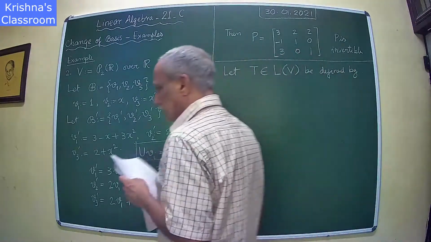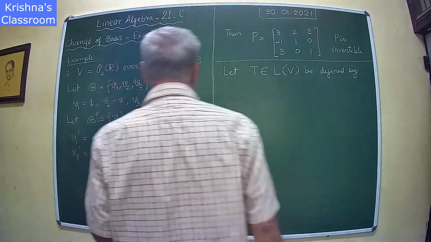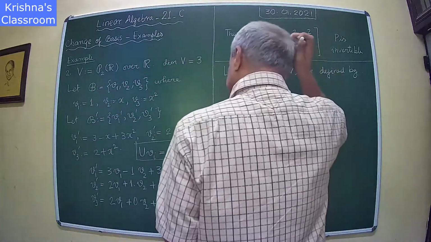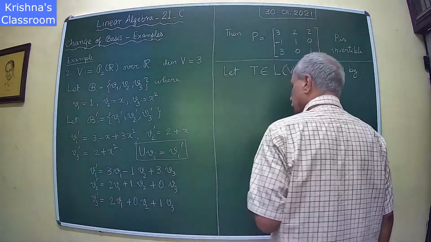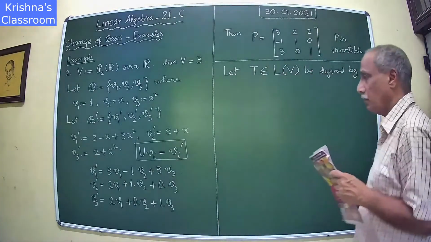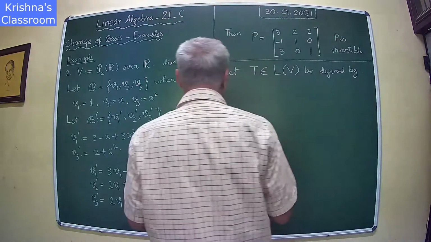You know that T is completely defined if you can tell what it does on an ordered basis.